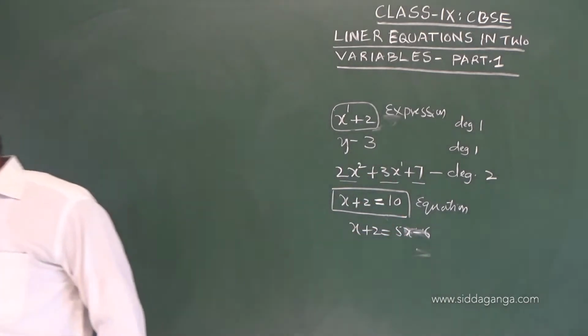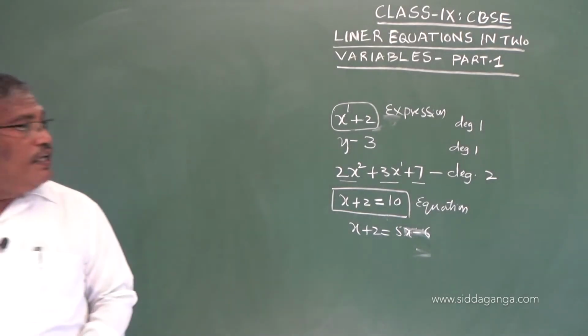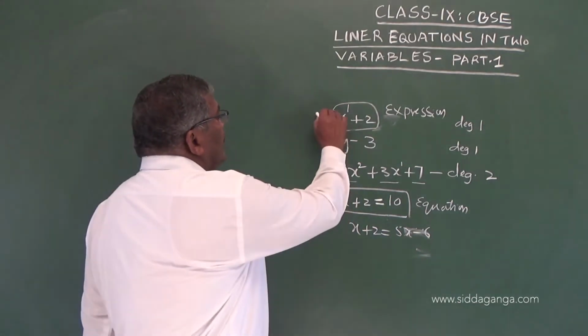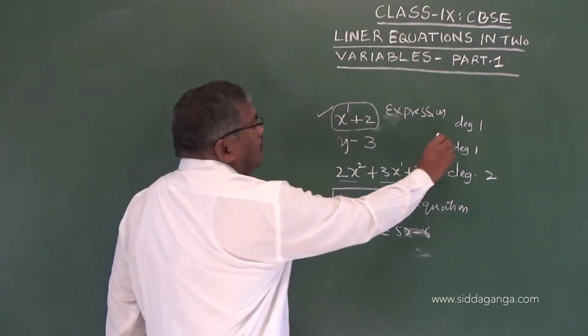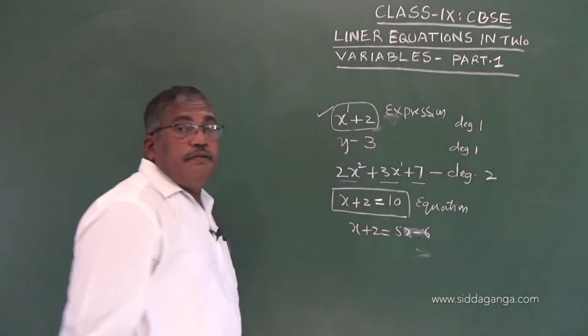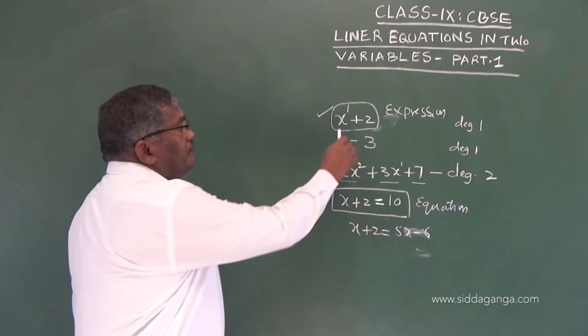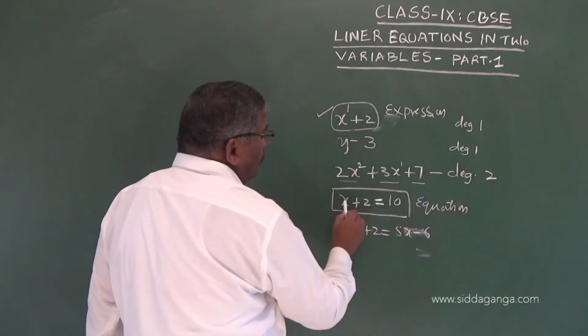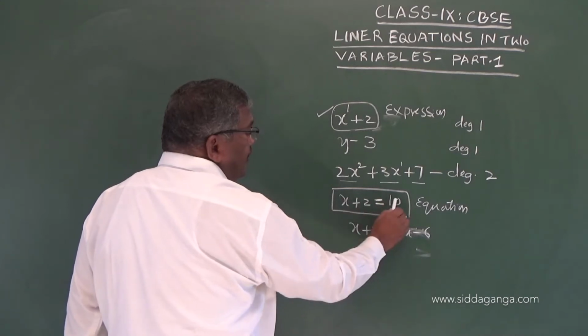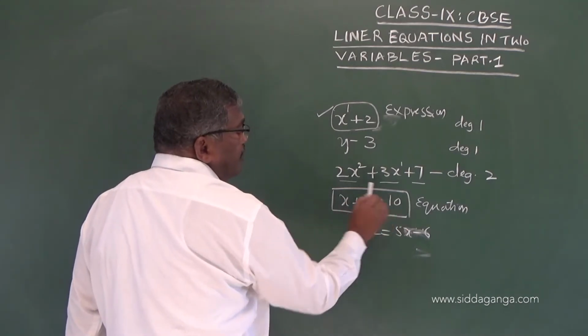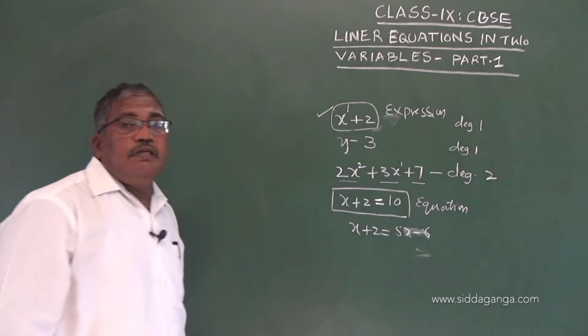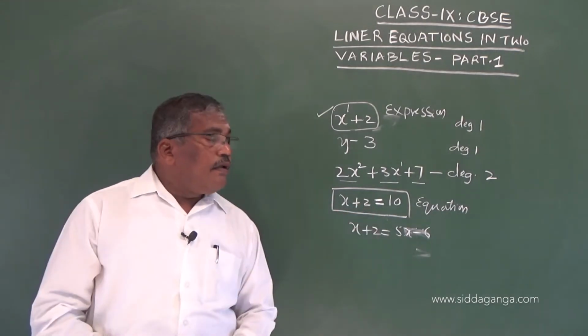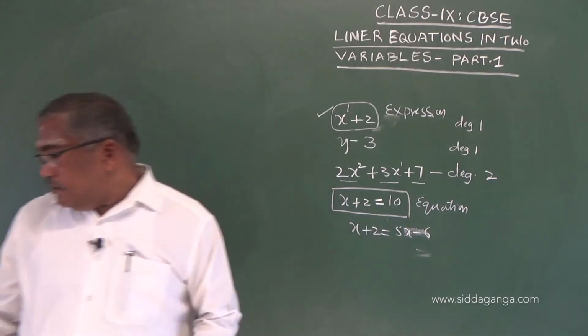So we have the definition of an equation. We know what an algebraic term is, what the degree of an algebraic expression is, and that two expressions are equated by an equation.